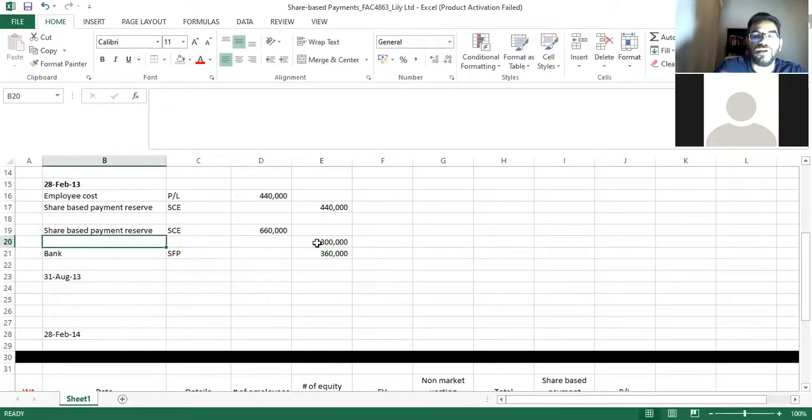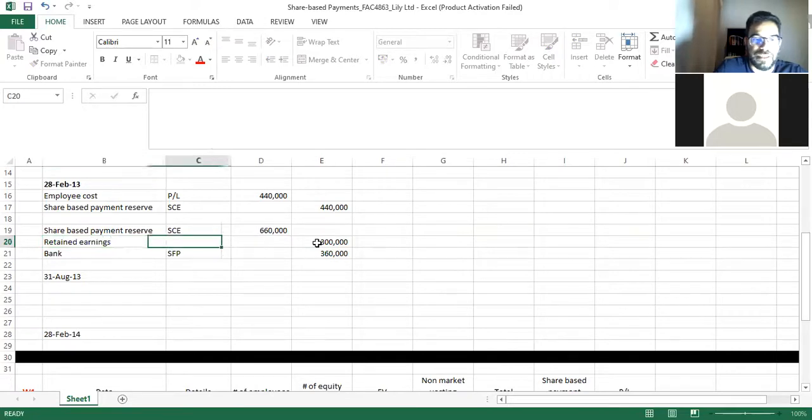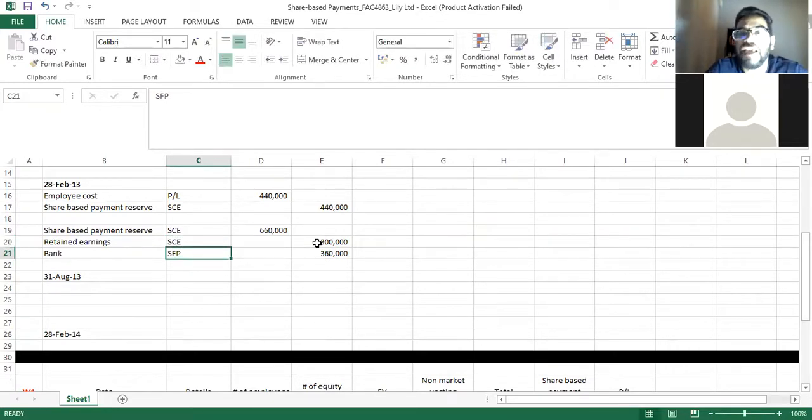The 300,000 will just go directly to equity. We take it against retained earnings. So retained earnings will increase. So the difference goes to retained earnings. If we didn't pay her anything, the full amount gets taken to retained earnings. So remember, when the share-based payment reserve no longer exists, you want to remove it out of share-based payment reserve.